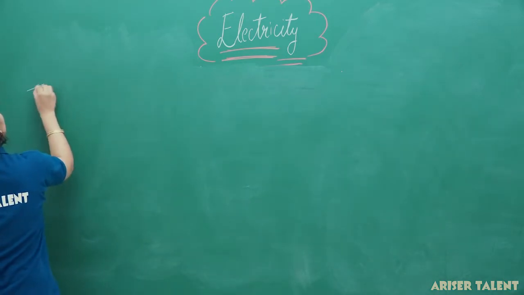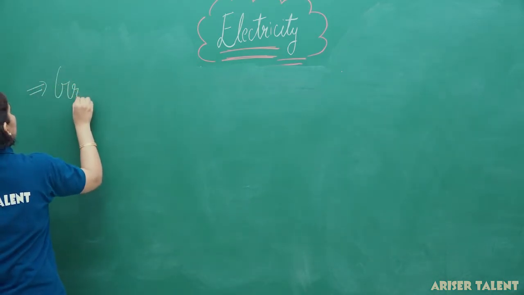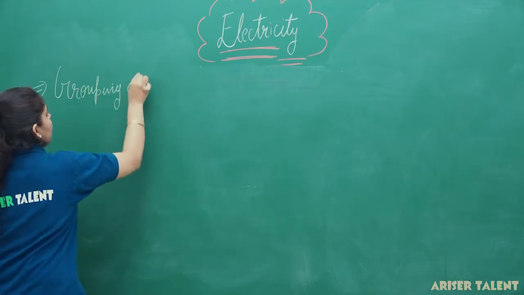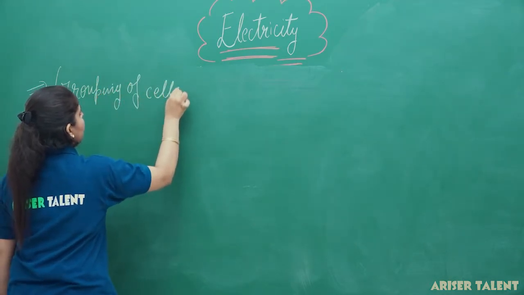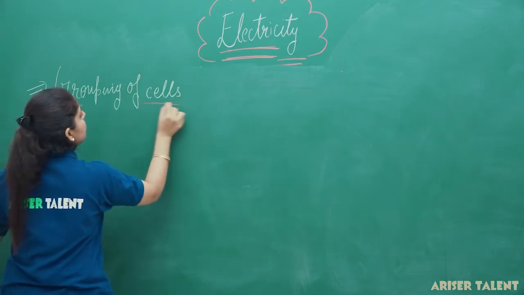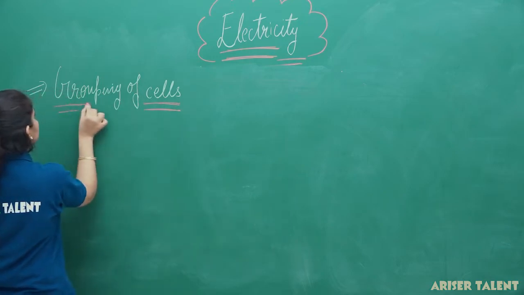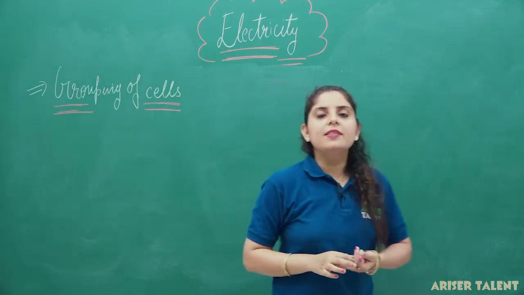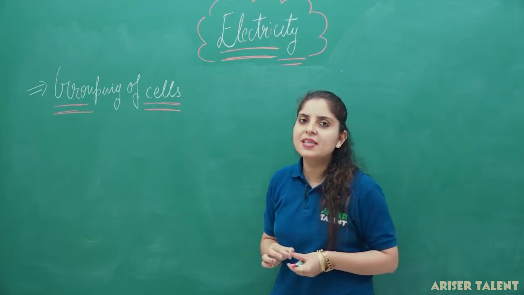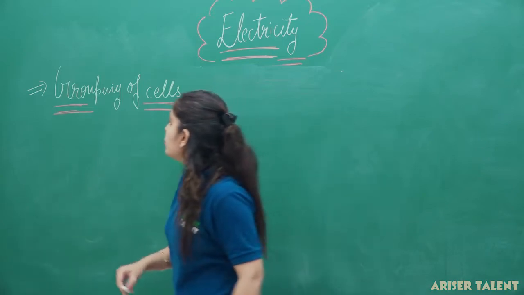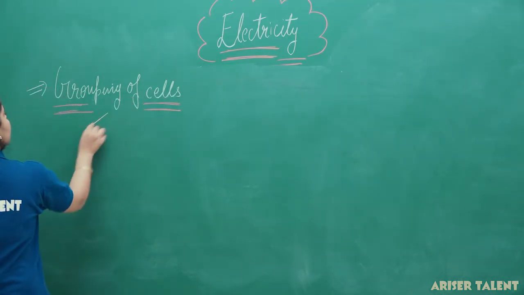Grouping of the cells is actually done in two ways. You can do the grouping in series, and second, you can connect all the cells in parallel.